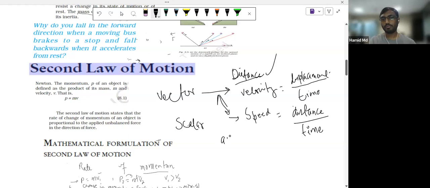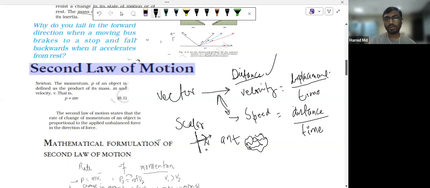Somewhere an ant is moving like this. This is the motion of an ant, and one is the motion of some object from north to south or south to north, giving this direction.